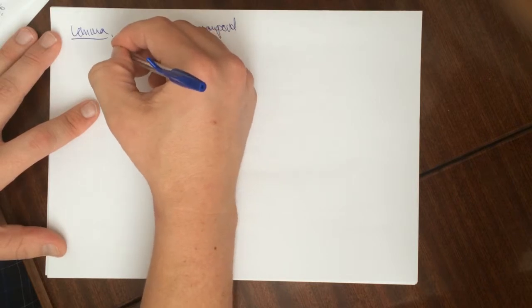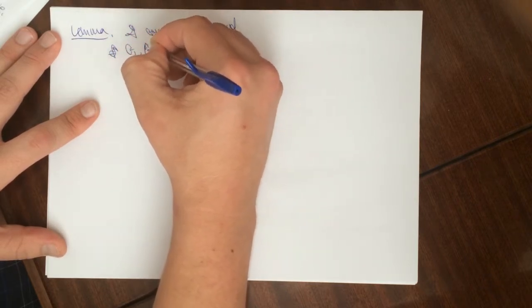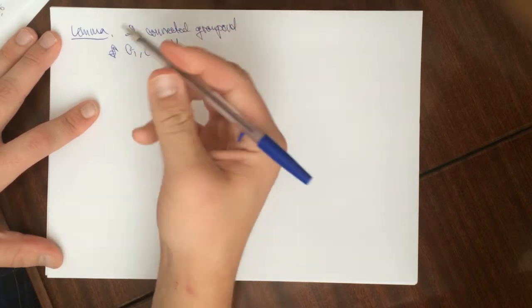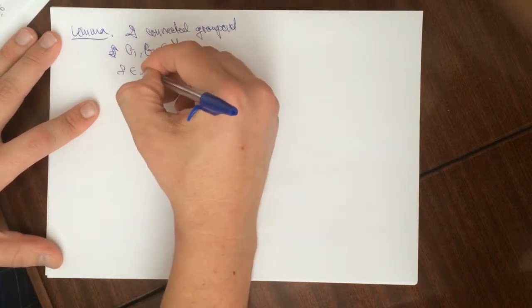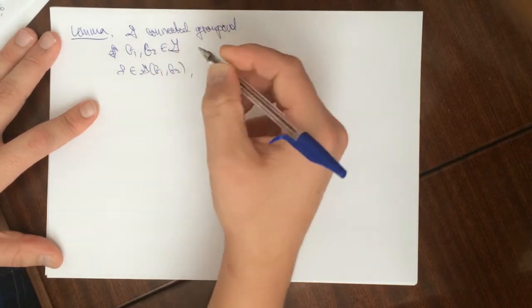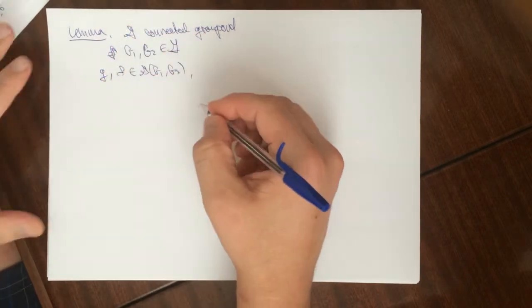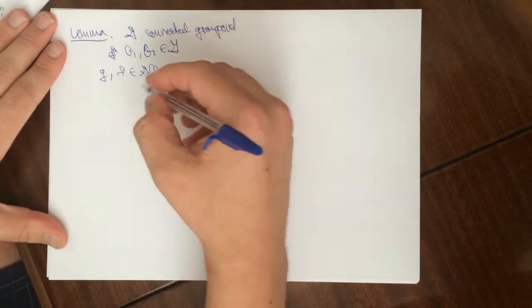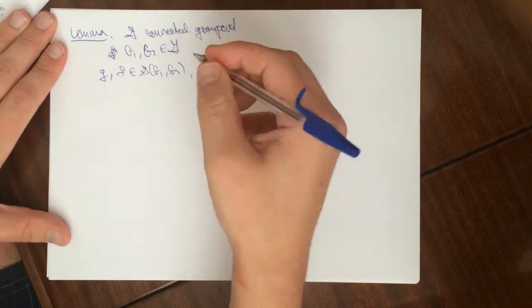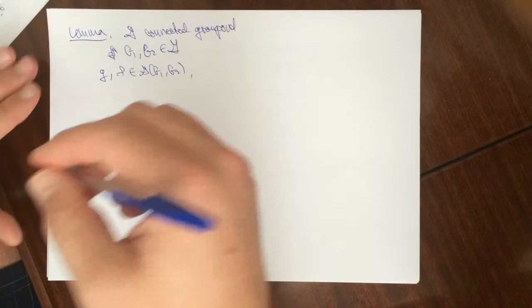And let's take G1, G2, objects of G. And let's take f in a hom from G1 to G2, something like this. And let's take G in here. And let's define, so let's look at a certain map.